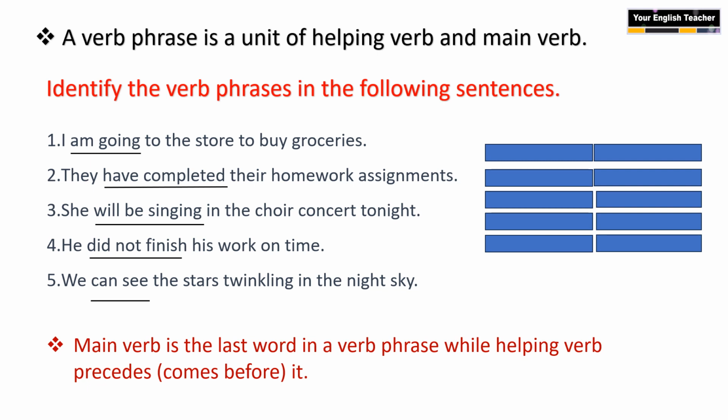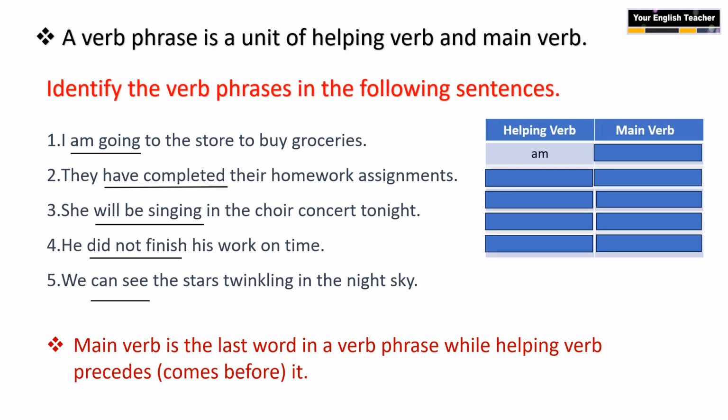So all these underlined parts of each sentence are called a verb phrase. A verb phrase consists of a helping verb and a main verb in it. So, in the first sentence, what is the helping verb? Am, and the main verb going.